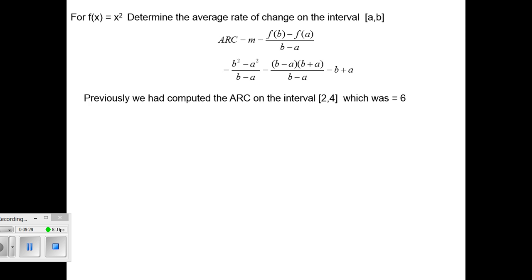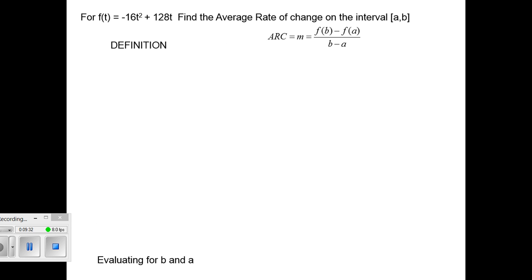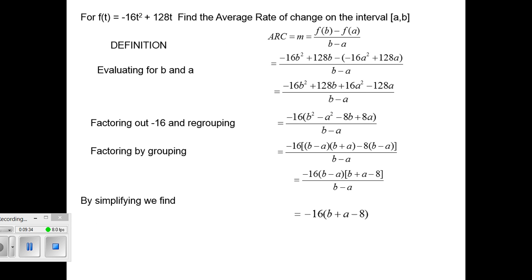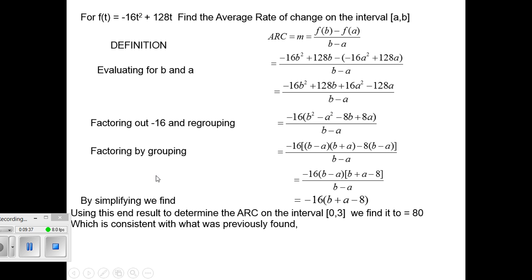Now, returning to that to illustrate, the formula negative 16 times b plus a minus 8, with b being 3 and a being 0, basically says place those values in for b and a respectively in this very generalized formula. And of course we get 3 plus 0 minus 8 is negative 5, times negative 16, which is 80, which is consistent with what we found previously.